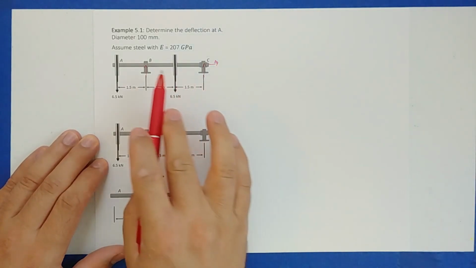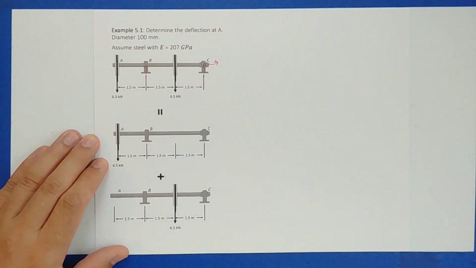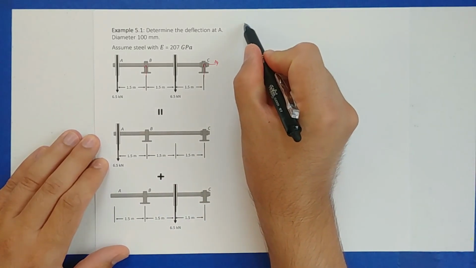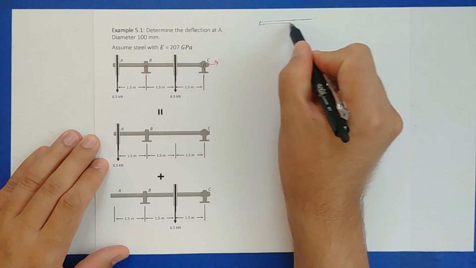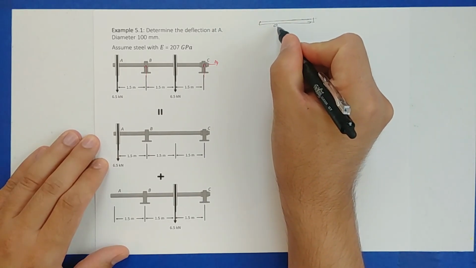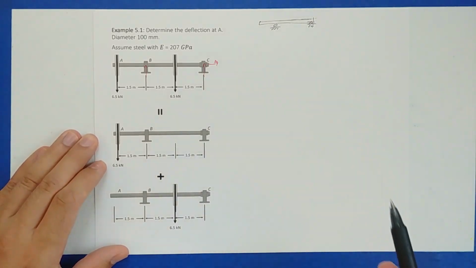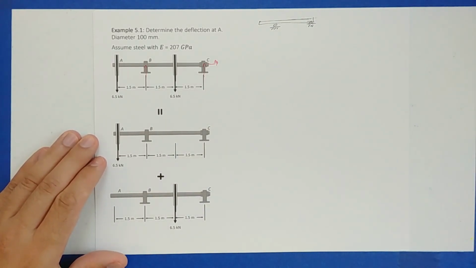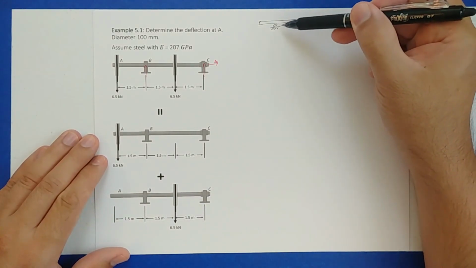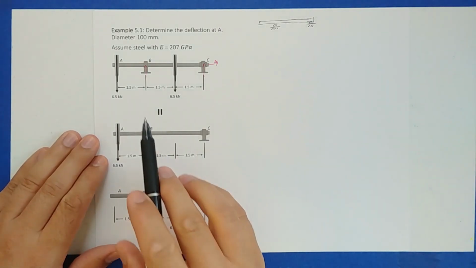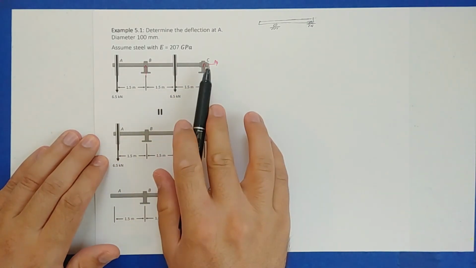So what we're saying is this is no different than, for example, having a beam with a roller and a pin connection. This is what we call a simply supported beam. Anytime you have a pin and a roller, it's called simply supported. Why is it simply supported?